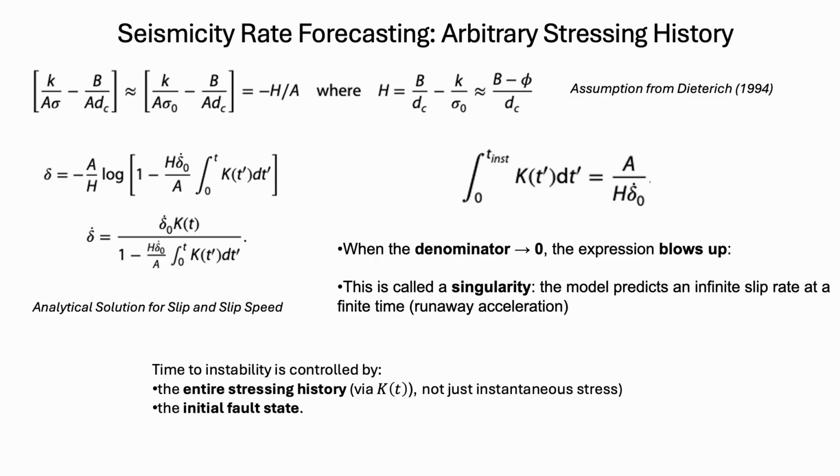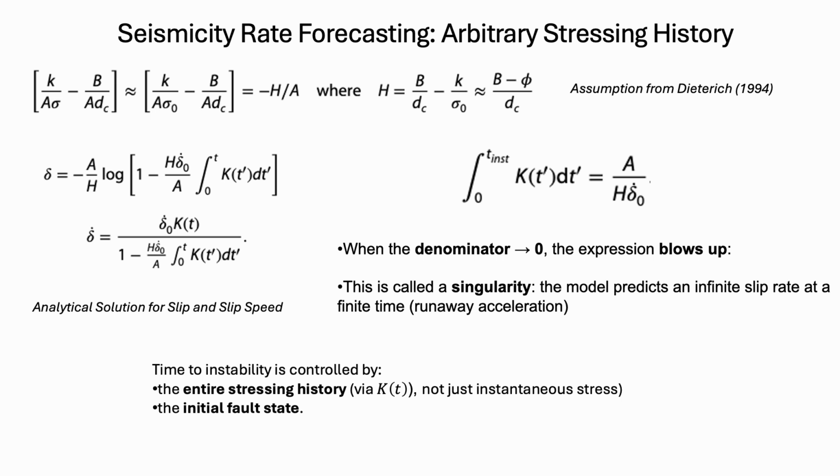This is called a singularity, and at infinite speed earthquakes nucleate, and that time becomes the time to instability. Hence the stress kernel integrated over time from 0 to time to instability assumes a formulation of A by H times the reference slip rate.